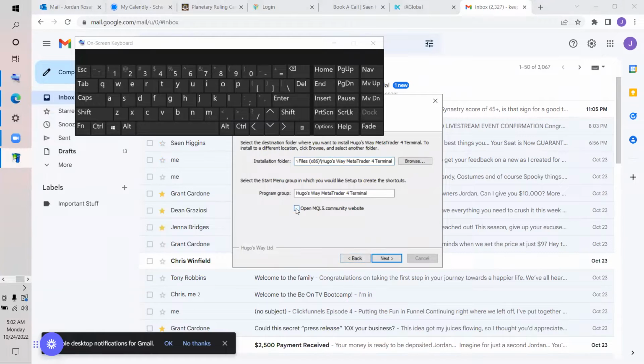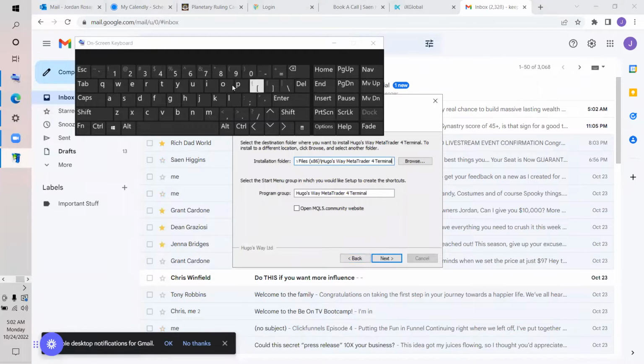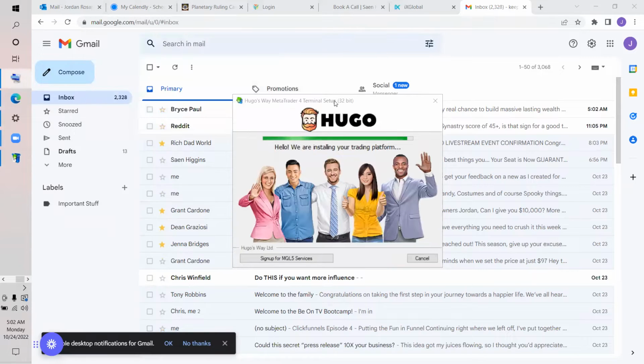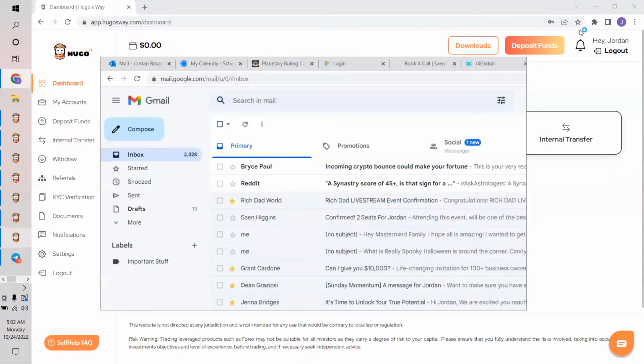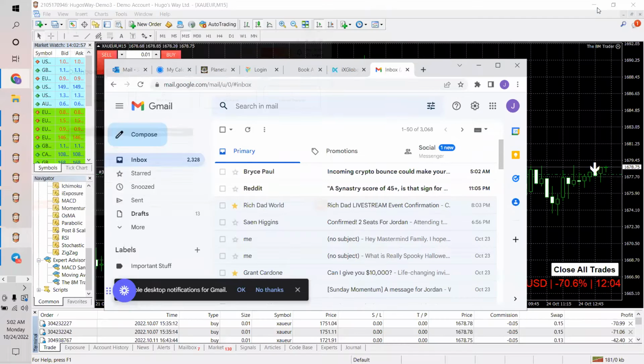I'm going to disable that. Let's see, we have about, let me take a look right here. 1, 2, 3, 4, 5, 6, 7. So what I would do is this. I believe that's the way, 7 right there. Click on next. I'll allow that platform to install.